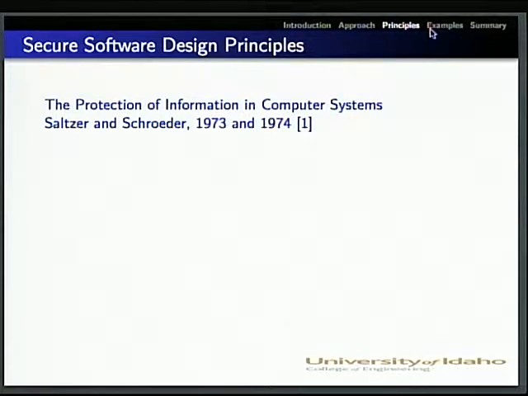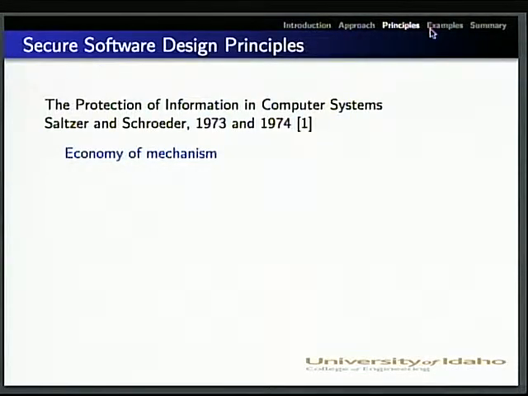It was such a successful paper that I believe it got published the second time in the ACM Communications. So this is about 40 years old, and these principles were developed originally thinking about secure design of operating systems, but all of these design principles still apply today to most of the systems we develop.